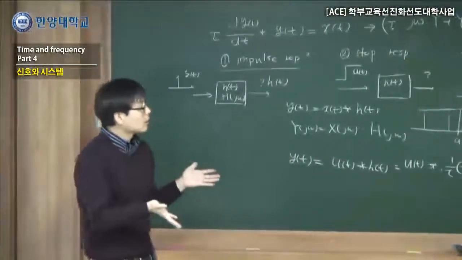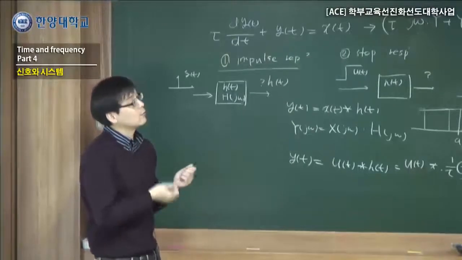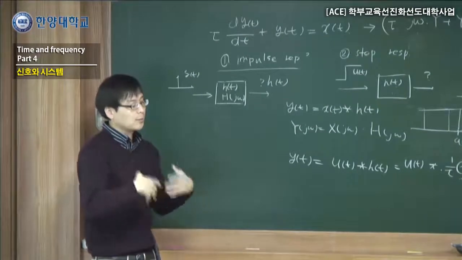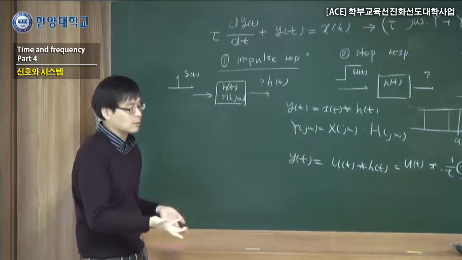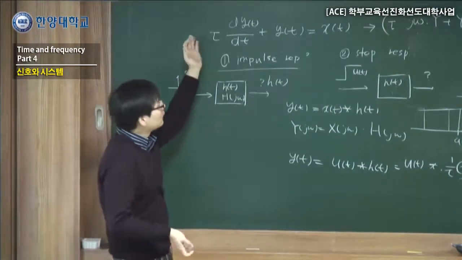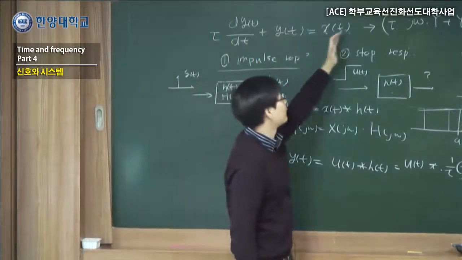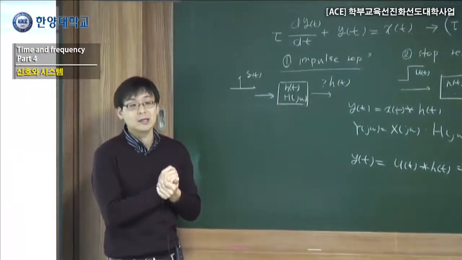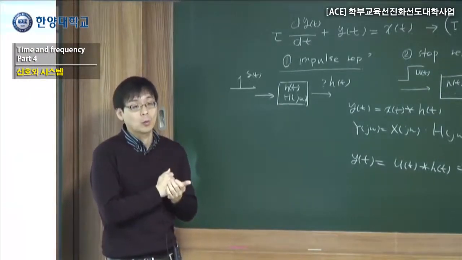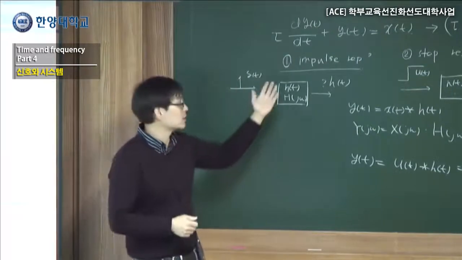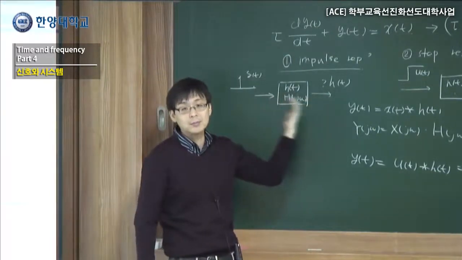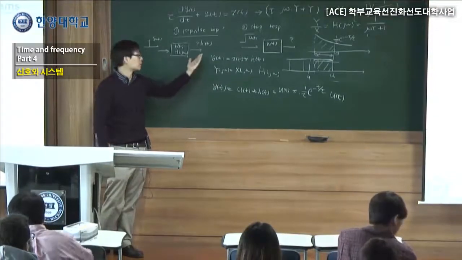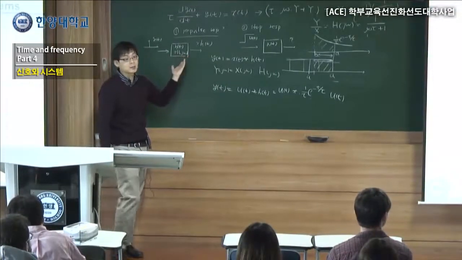So in summary, if you want to know the system response, we keep on talking about this many times by far. If you know your system, the first thing you have to know is what your system is. The way you know your system is by finding the system response, where we apply the impulse, or apply a step function, and find out what your output is. That's your system response.